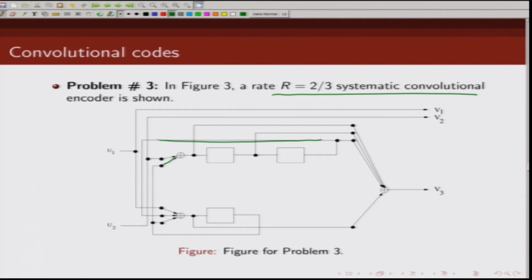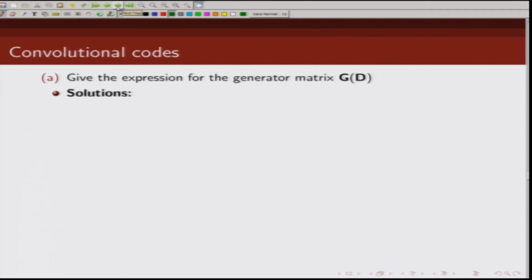If you look at the feedback, feedback from this is going to this encoder, and feedback from here is going to this encoder. So, not only is feedback coming to the same encoder, but it is also going to the other encoder. So, this realization is a very compact realization.